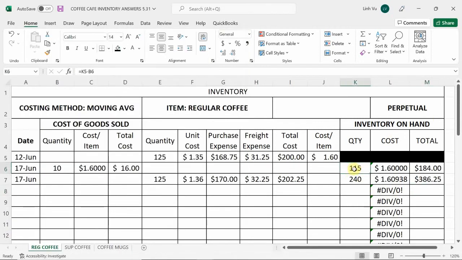And your cost per item now is, yeah, you've got it. 1.609. Now in this case, I automated the calculation for me. When I get my quantity and my total cost, it's going to automatically calculate my average cost per item.